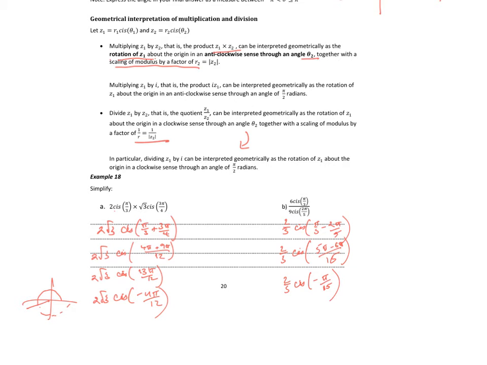Negative pi on 15 is inside the argument domain, so that's fine. We can leave it like that.